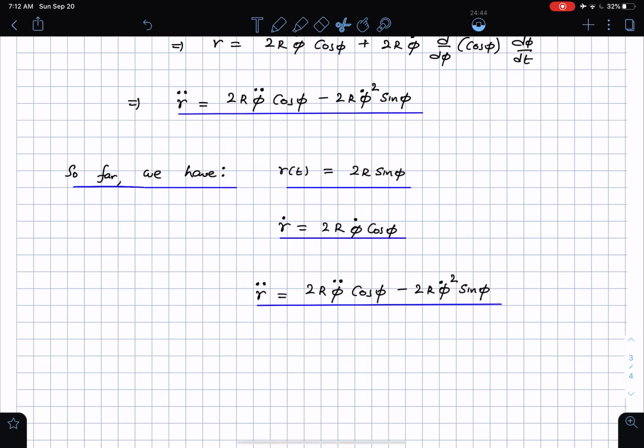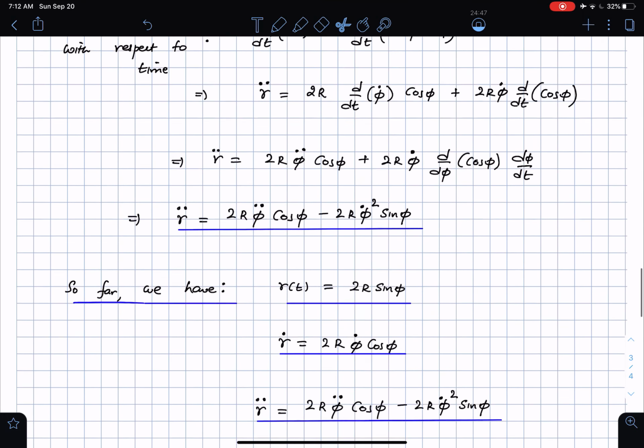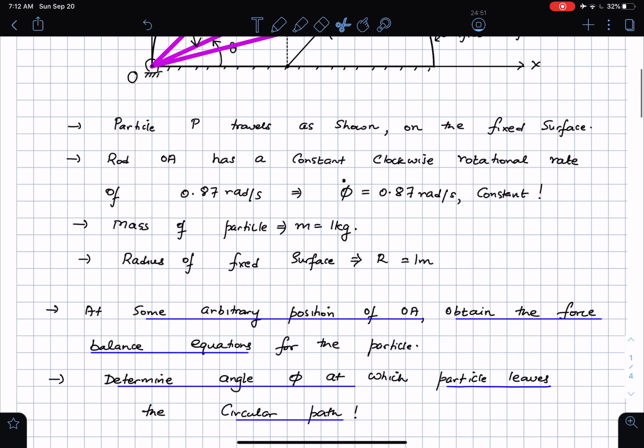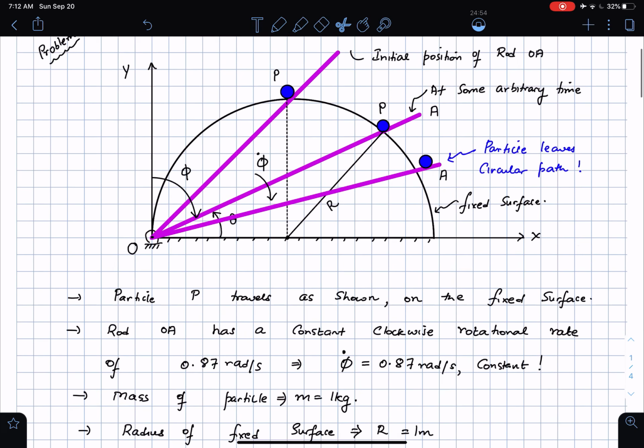But you know what? I'm told in the problem, if I go back to the problem statement, that this phi dot which I had here is a constant, right? You see that, right? So phi dot is a constant, which means that phi double dot is equal to 0.